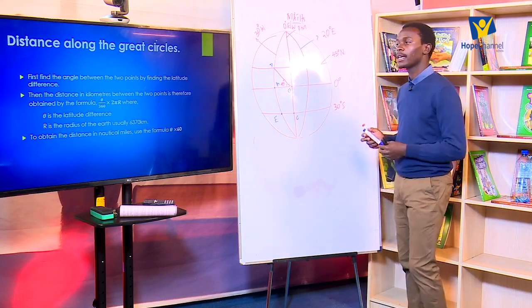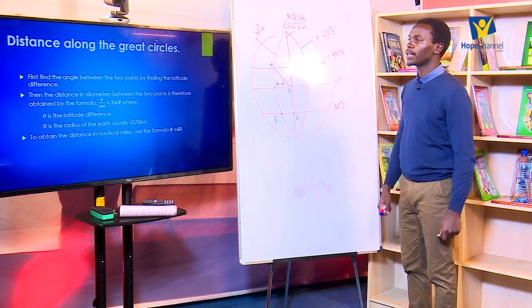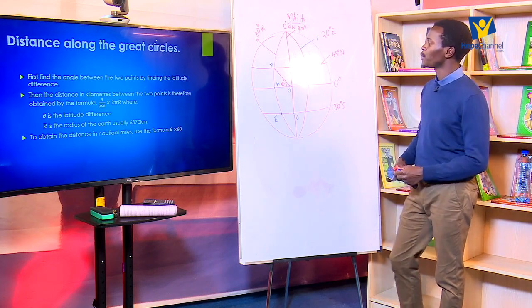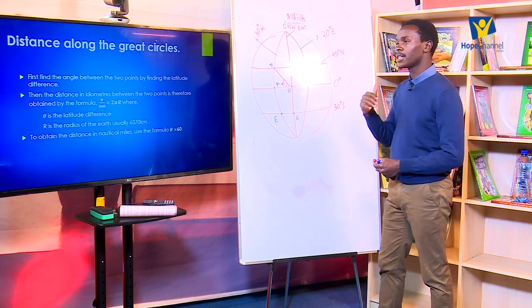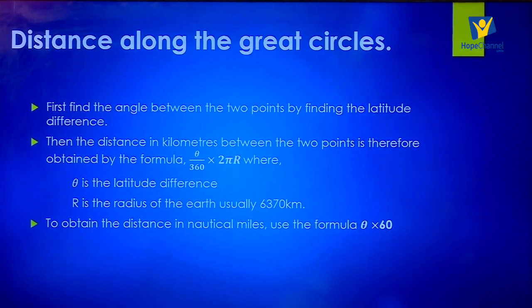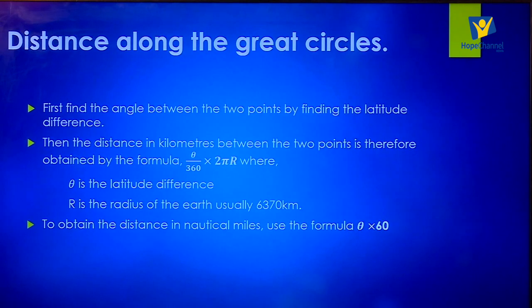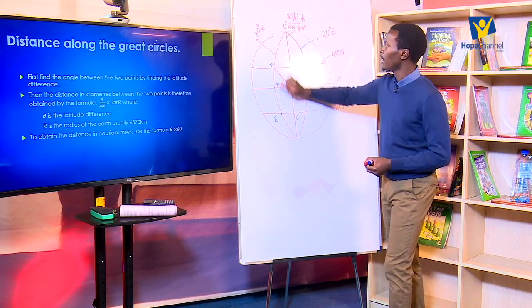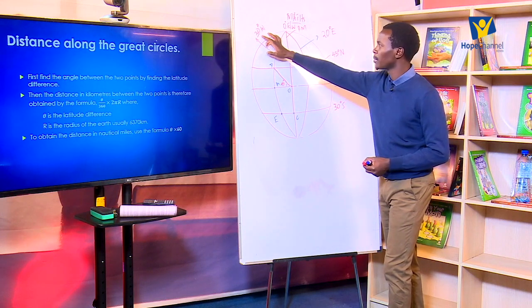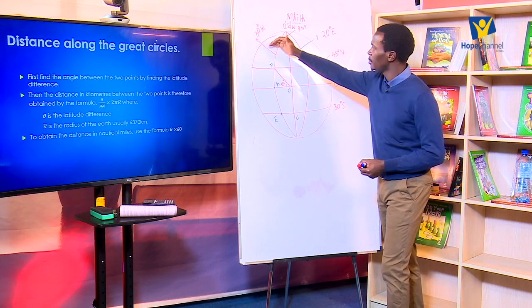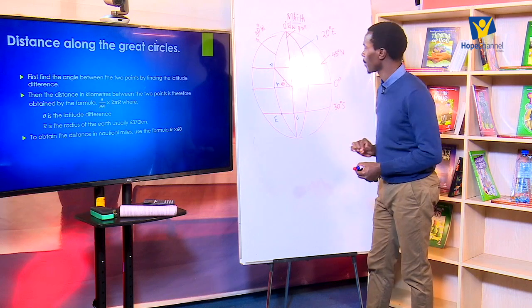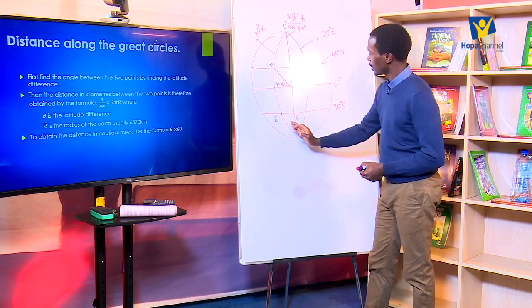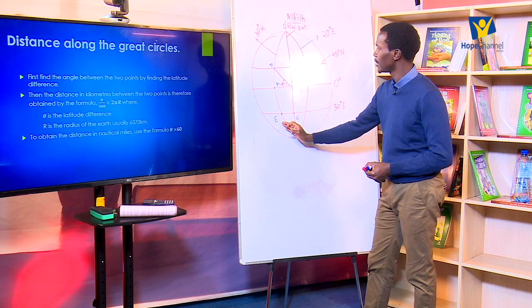Number one, when working out distances along the great circles, we have to confirm that the two places are on the same longitude. For example, the places at D and E are on the same longitude. Which longitude? 30 degrees west. Remember, this is an example. In the exam, you'll be given this from the diagram. This one is 30 degrees west, same as E, which is at 30 degrees west.